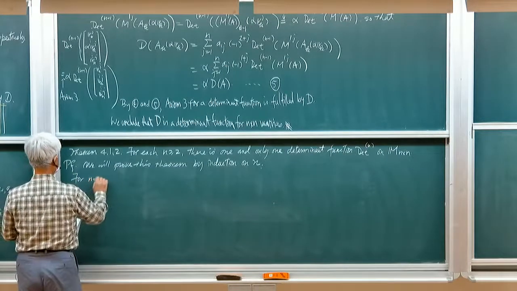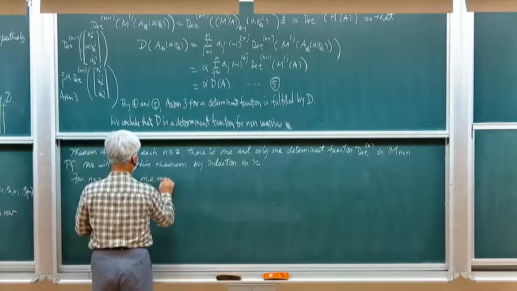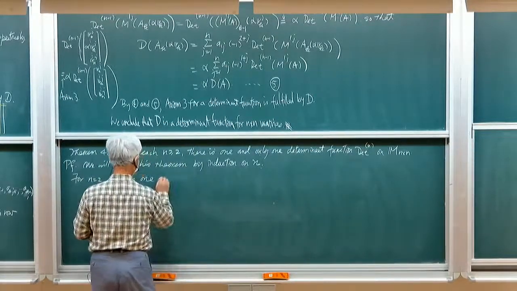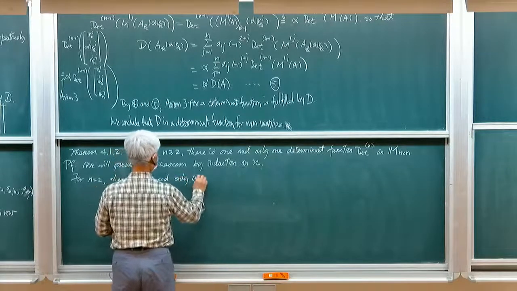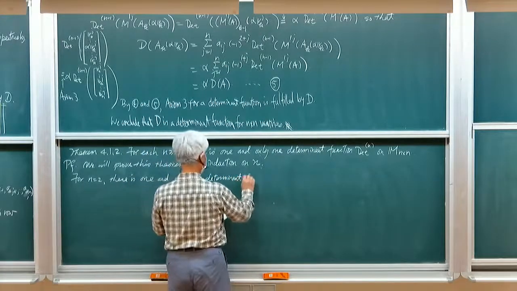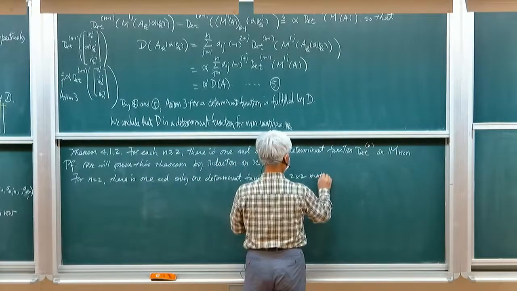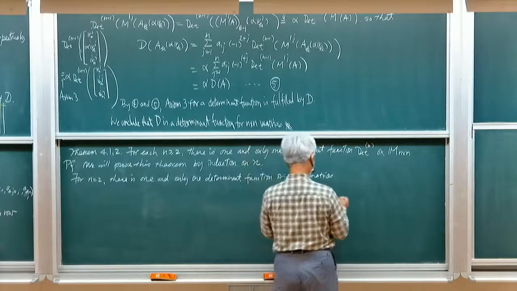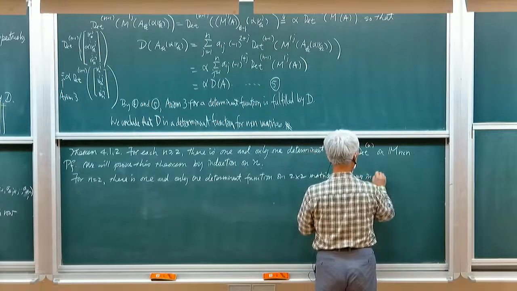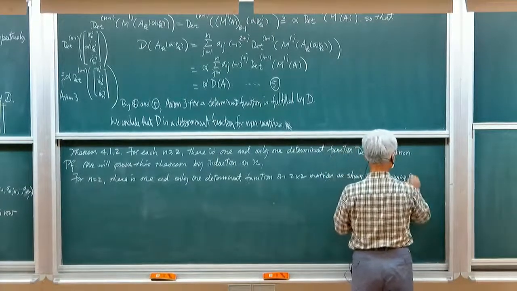Now for n equal to 2, there is one and only one determinant function on 2 by 2 matrices, as shown in the beginning of this section.